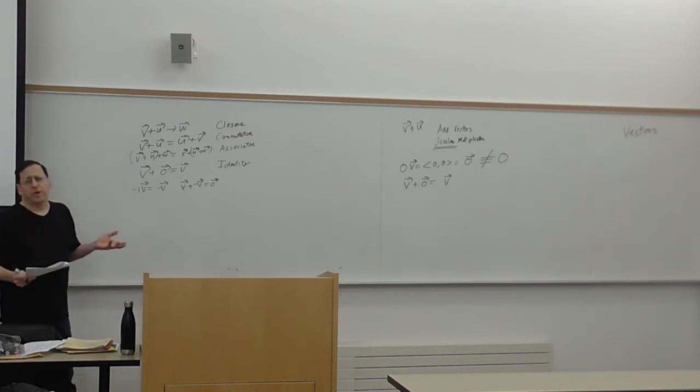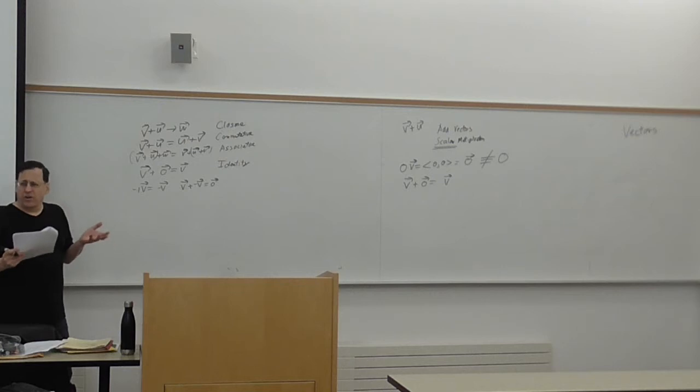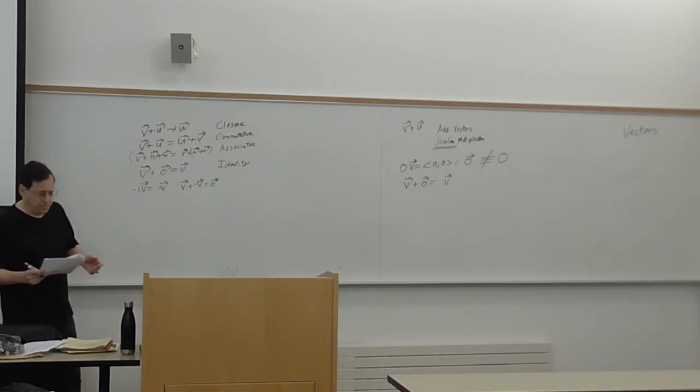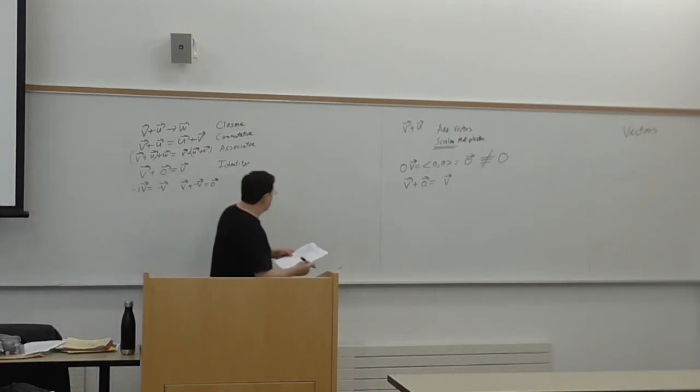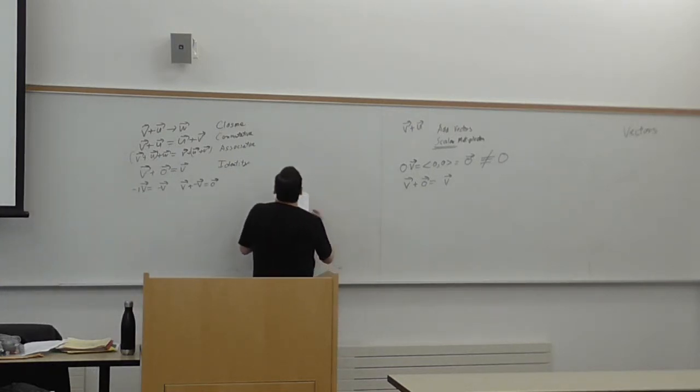We have some other properties that aren't quite the same as with numbers, because with numbers you just have one animal, a number. But with vectors you have both the vectors and some scalars you can multiply them by. So we have some distributive properties.